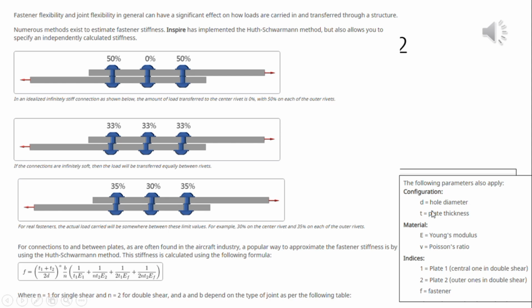T is the plate thickness, E is the Young's modulus of the material. We have the ratio de Poisson, the Poisson's ratio, and 1 and 2 are for plate 1 and plate 2.